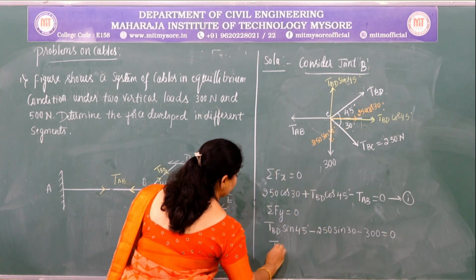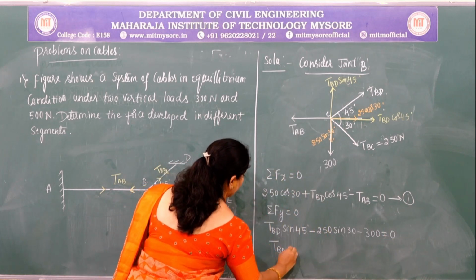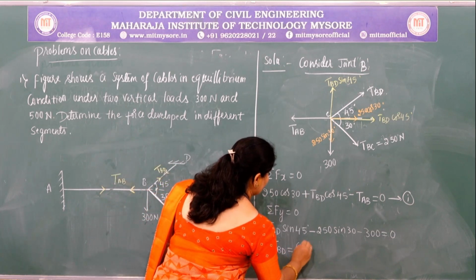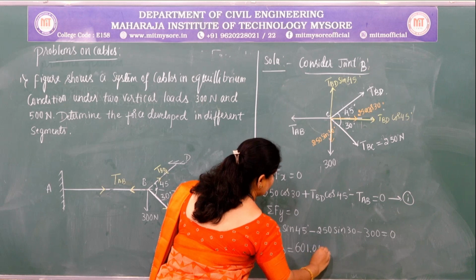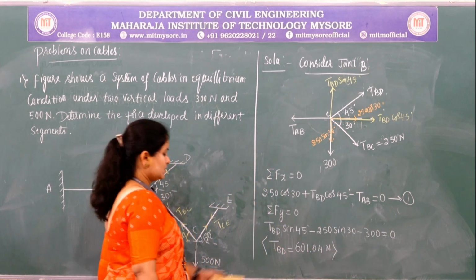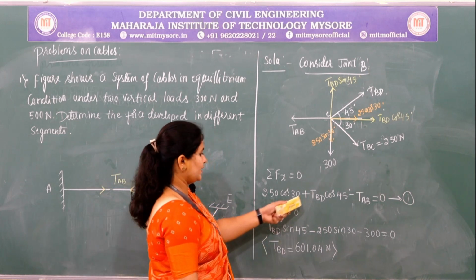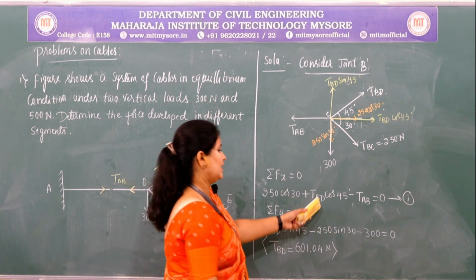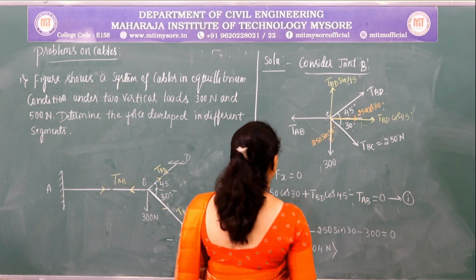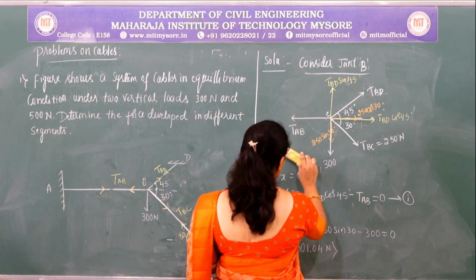On solving this, we are going to get the value of TBD as 601.04 Newton. Now substitute the value of TBD in equation 1 and solve. We are going to get the value of TAB.